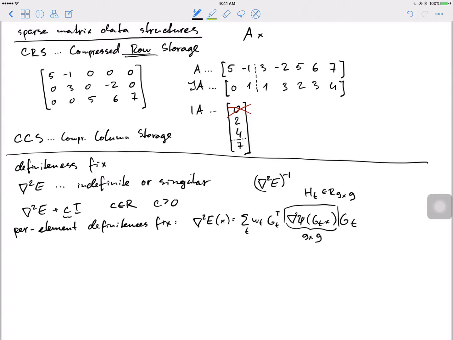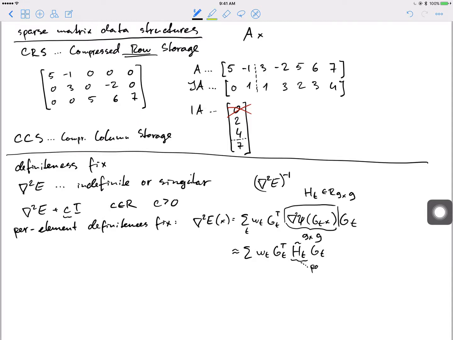And then you can say that the definiteness fixed version is going to be WT GT transpose and then some HT with a tilde and GT. Okay. Where this HT tilde is a definiteness fixed version of the HT. And what do I mean by definiteness fixed? That means that I make sure that this matrix HT tilde is positive definite, okay?